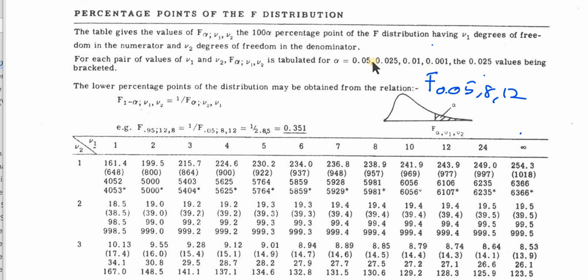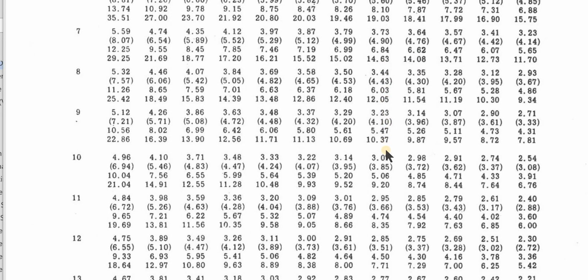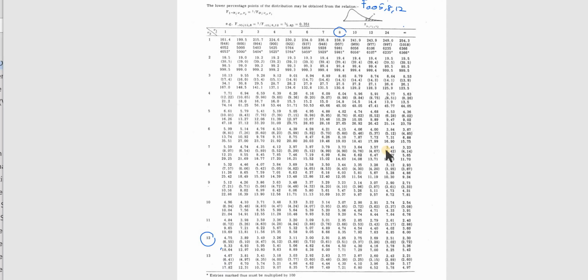0.05 is the first value in the table. So 8 here is V1, and V2 is 12, so it is around here.